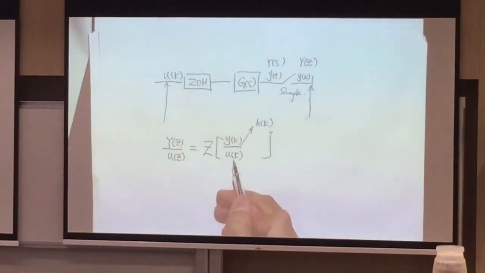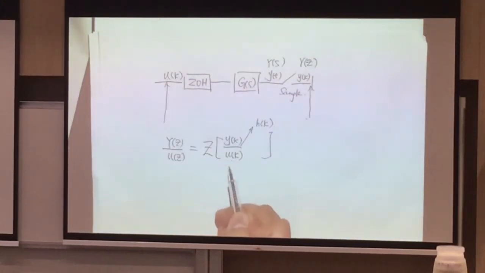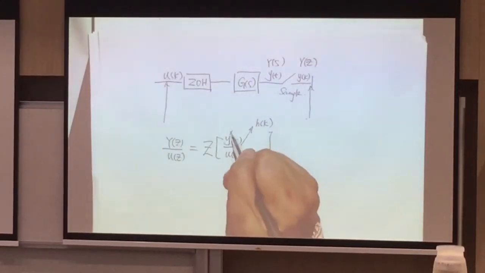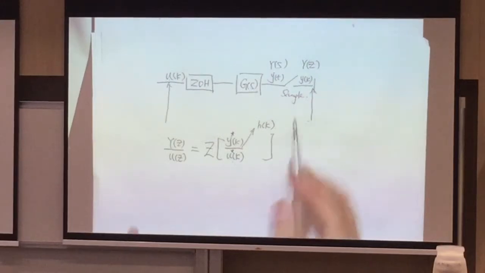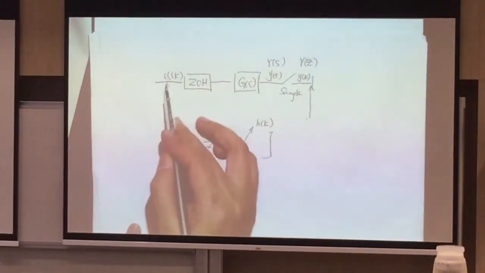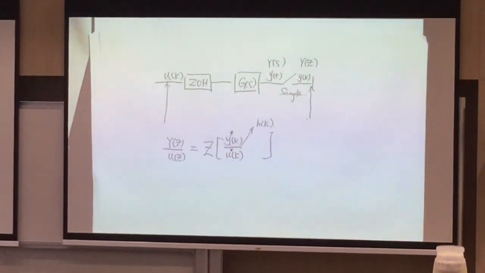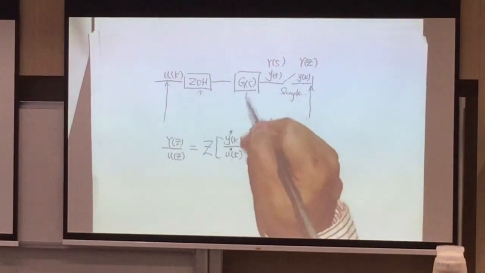Okay, it's not properly written, because you cannot just simply use y(k) in the time domain. It's not properly written, but I just want to let you know we are talking about the transfer function between your y and your u. So now this one is talking about what? You're talking about your zero-order hold and your G(s).